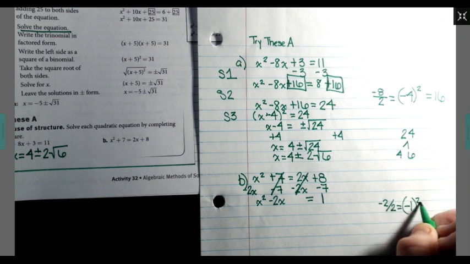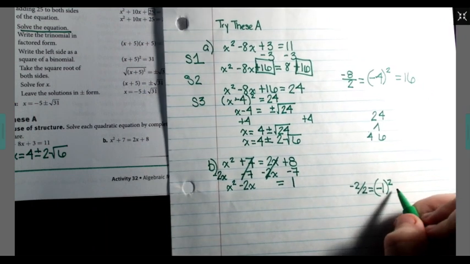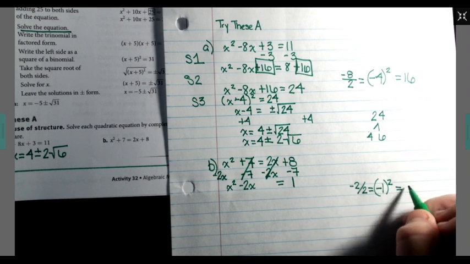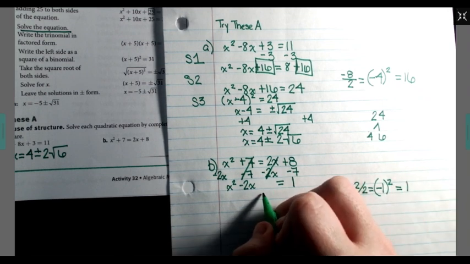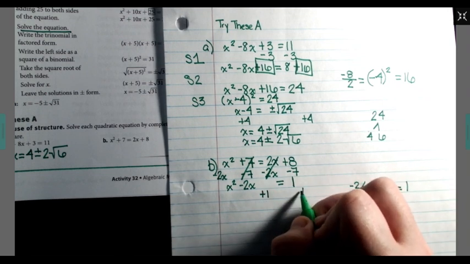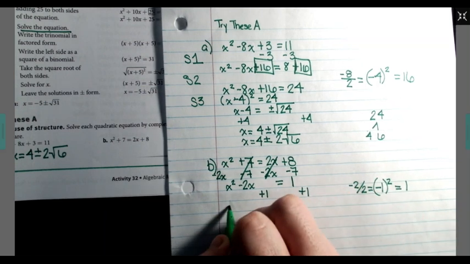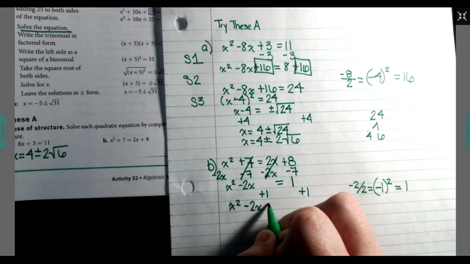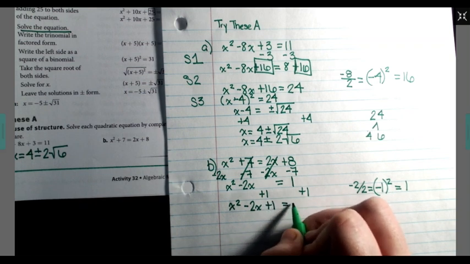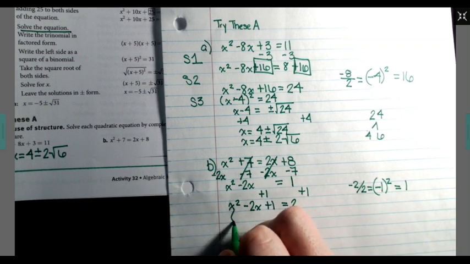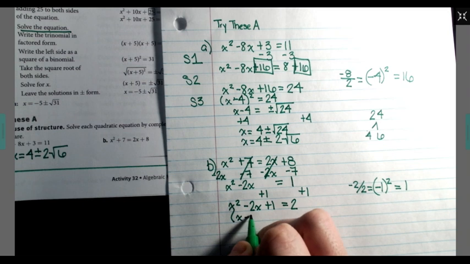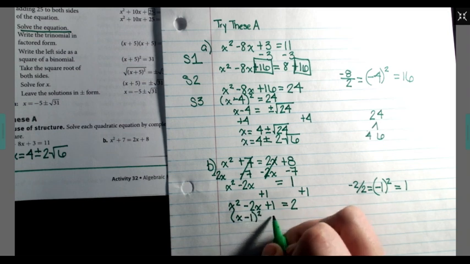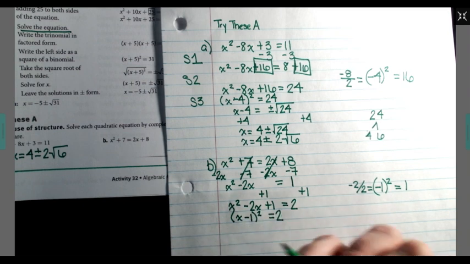And then it says square that. Well, negative 1 squared is positive 1. So we're going to add 1 to both sides. So that gives me x squared minus 2x plus 1 equals 2. This can be rewritten as x minus 1 squared equals 2.